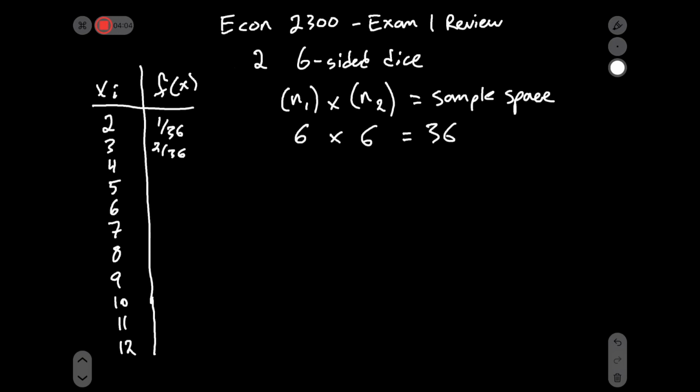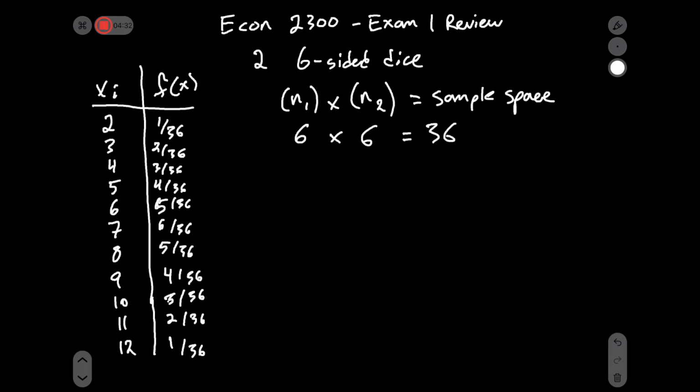2 out of 36, 3 out of 36, 4 out of 36, 5 out of 36, 6 out of 36, 5 out of 36, 4 out of 36, 3 out of 36, 2 out of 36, and 1 out of 36.